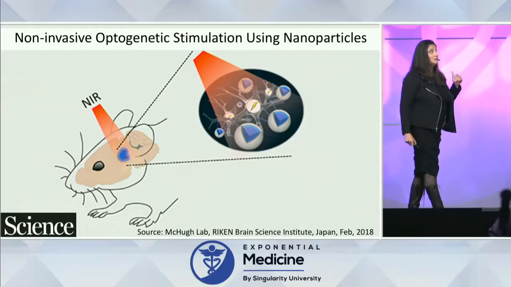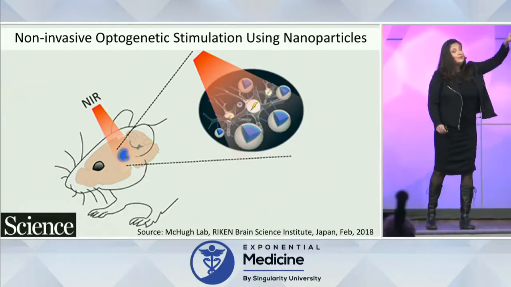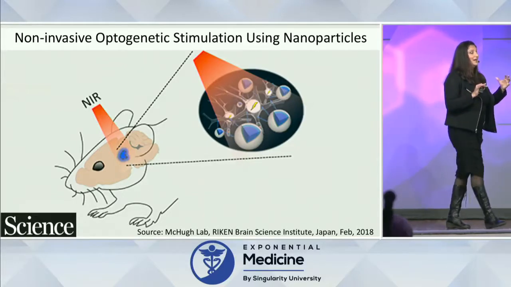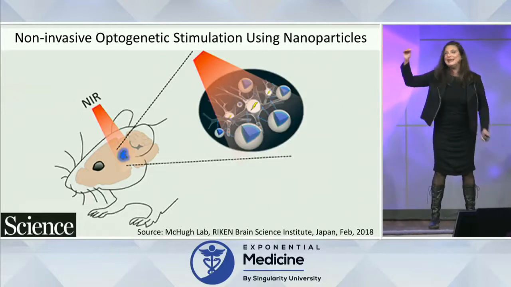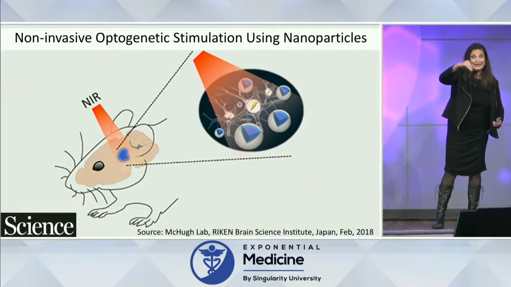Now, this was just published this year. This is a new device developed in the Salk Institute. It's actually a nanoparticle. And what these nanoparticles do is they're seated throughout the brain, and they can respond to infrared. Remember, I said the secret is, can you get energy from the outside through the skull and into the brain?